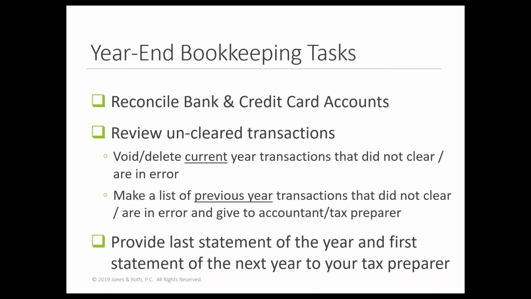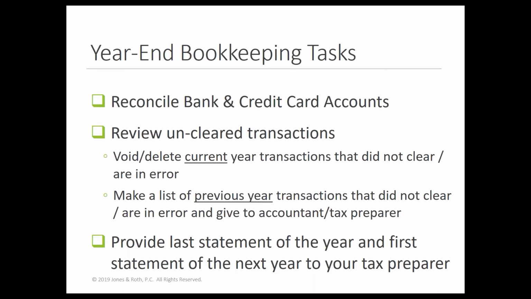After you have reconciled your accounts through the end of the year, review all of the transactions that have not cleared. Determine if the transactions haven't cleared because it was in transit at the time of the statement. That is, a check that had not been cashed by the recipient, for example. Perhaps it was a duplicate entry or a check that will never be cashed and should no longer be posted.